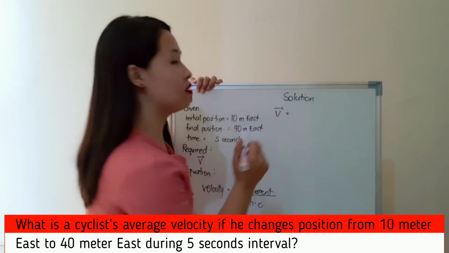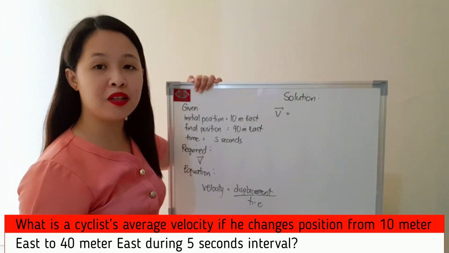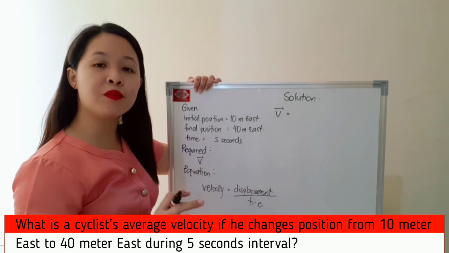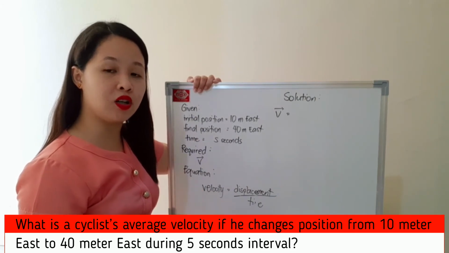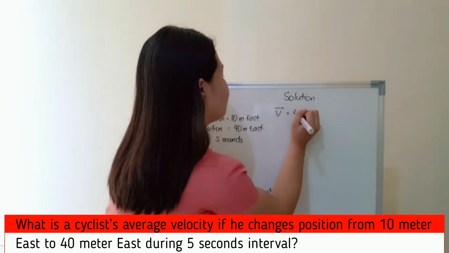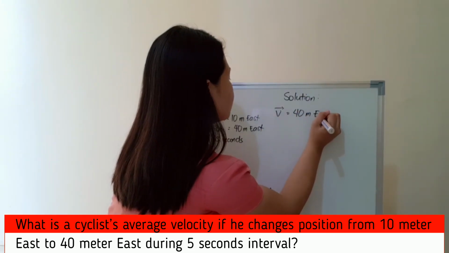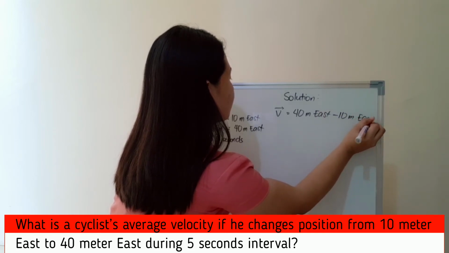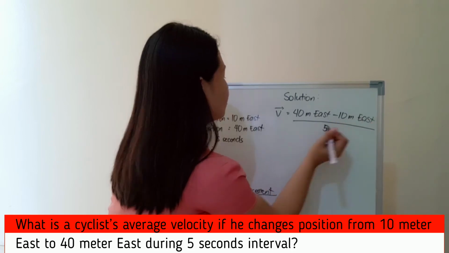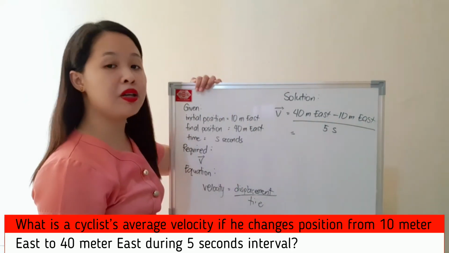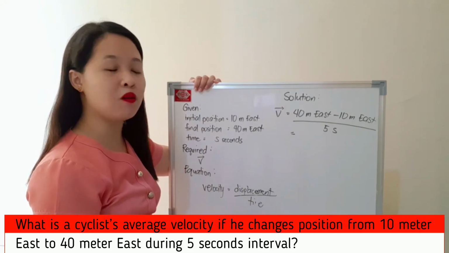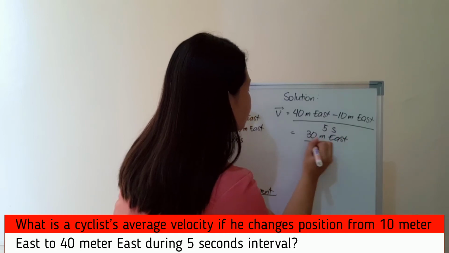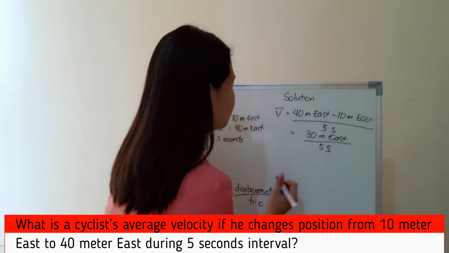Velocity is equal to the value of displacement divided by the value of time. In order for us to find the displacement, we need to subtract the initial position from the final position. So 40 meters east minus 10 meters east, divided by 5 seconds. 40 meters east minus 10 meters east is equal to 30 meters east. Just copy the value of time, which is 5 seconds.